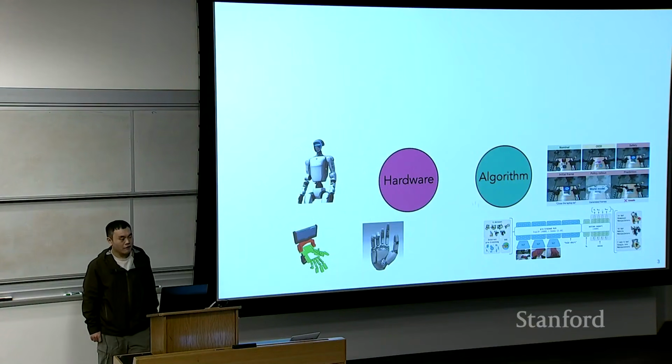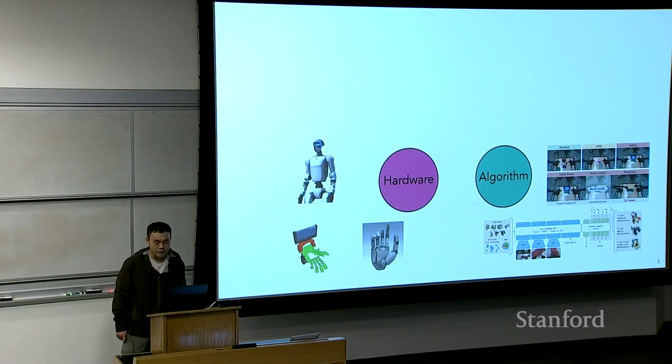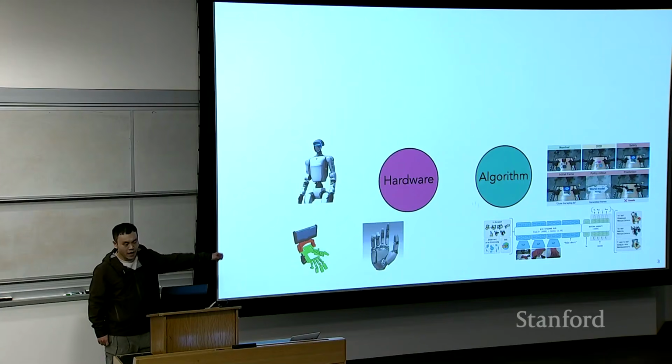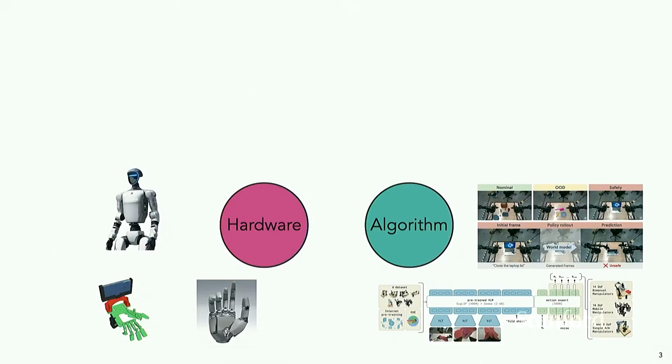The other driving factor is the algorithm. On the algorithm side, there are many exciting ongoing threads. The first one is vision language action models. On the bottom right is the Pi 0.5 architecture. More or less, the recent VLA models follow this common Pi practice.